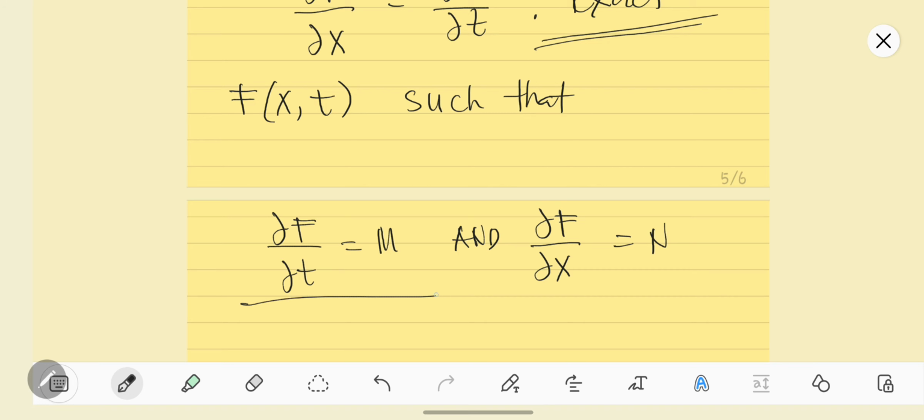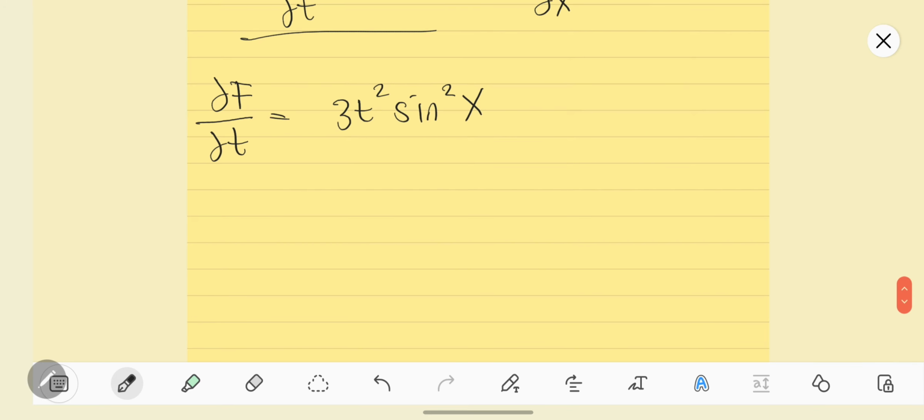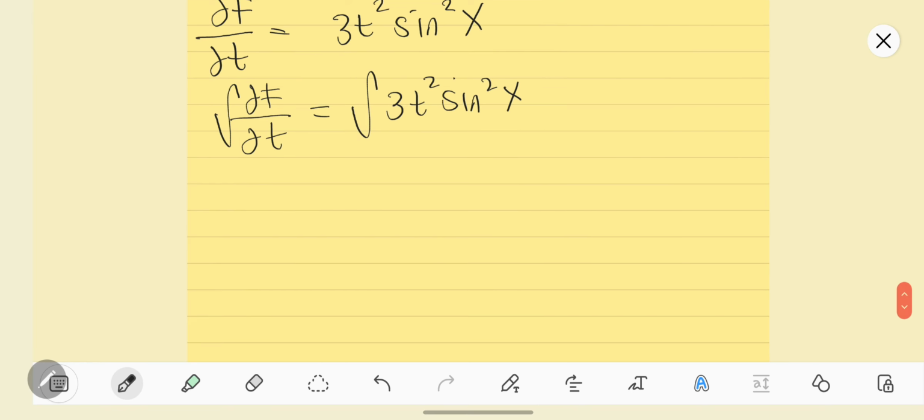Now we can solve for the m. So the partial derivative of f over dt, which is our m, is equal to 3t squared sine squared x, and then integrating this partial derivative of f over partial derivative of t is equal to the integral of 3t squared sine squared x.